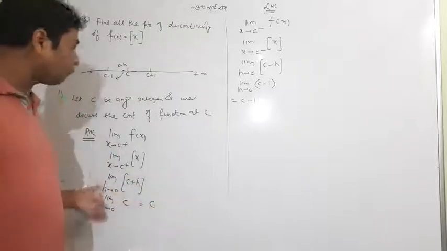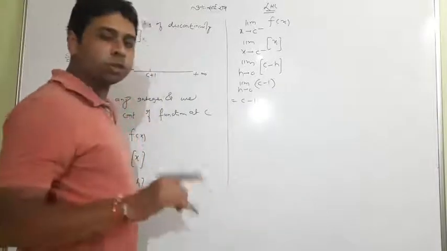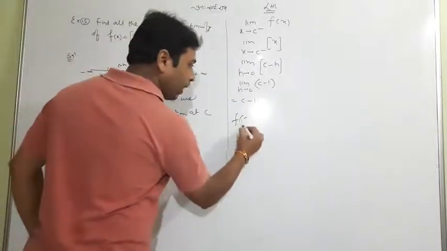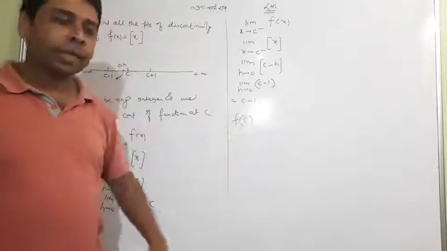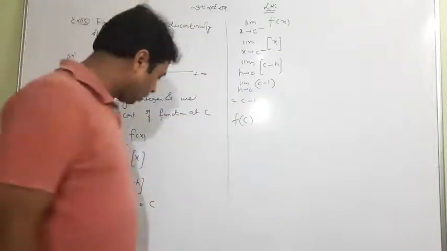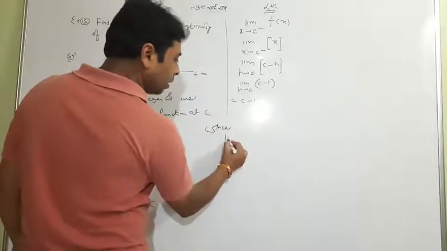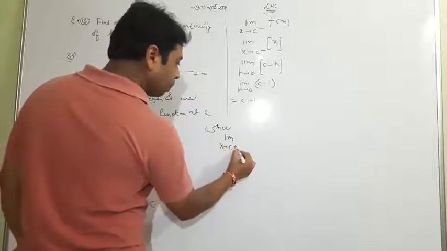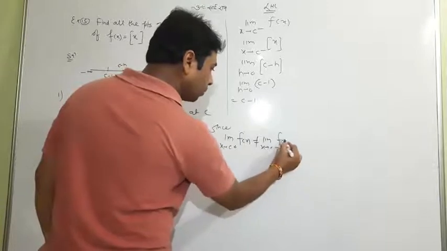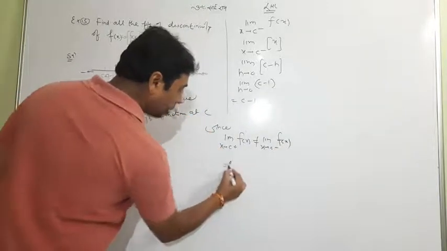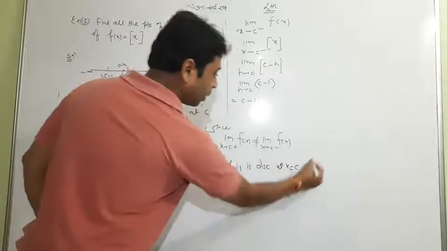When the right hand limit and left hand limit are not the same, we have one more step, which is to find the value of the function exactly at x equal to c. I don't have any interest to find this, because since limit x tends to c plus of the function is not equal to limit x tends to c minus, we conclude that function f of x is discontinuous at x equal to c.